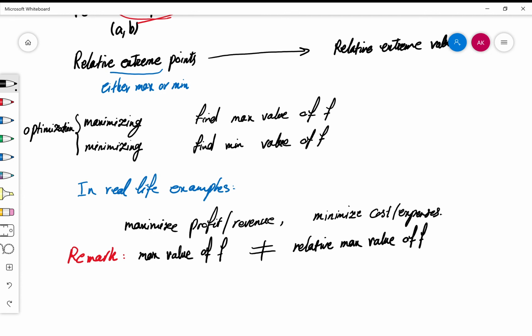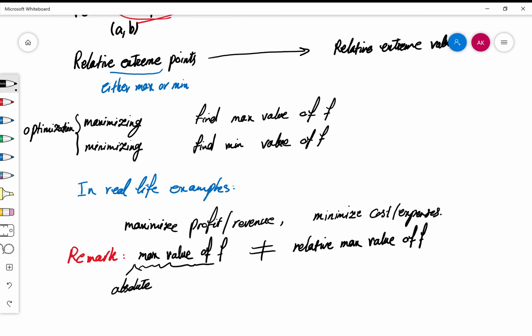A function can have several relative max values, but the highest one is called max value. Most of the standard books use absolute max value. We won't discuss absolute much. What you need to make sure of is that in the examples we are having, finding relative max value is what we are interested in.